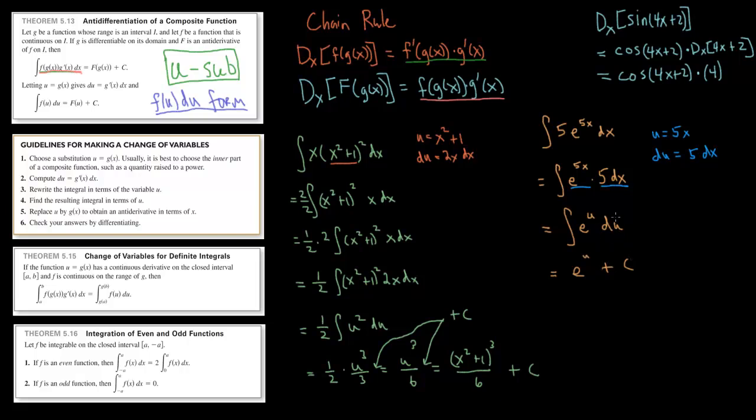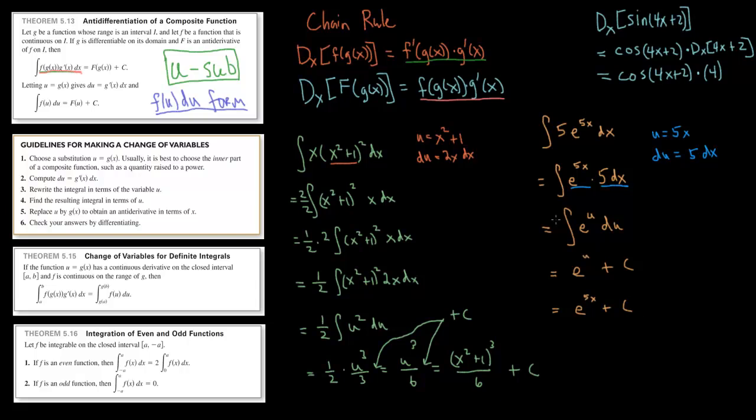Always remember, your variable of integration always disappears once you take the antiderivative. Okay, so now we don't want to leave our answer like that because we want our final antiderivative solution to have x's in it if we're just finding a regular old antiderivative. So we know u equals 5x, so then we just make that substitution. e to the 5x plus c.